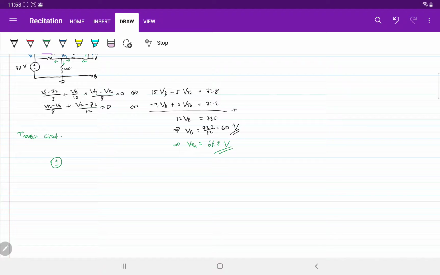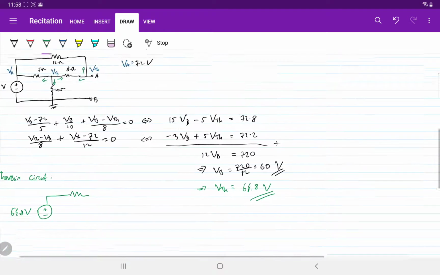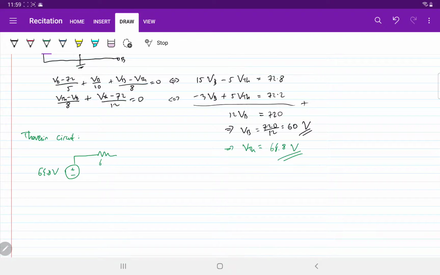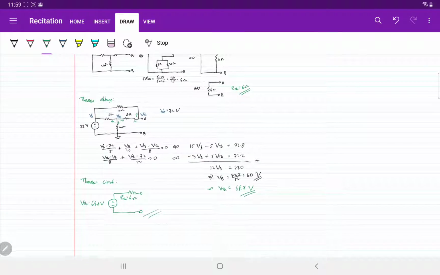You have a voltage source of 64.8 volts in series with 6 ohms. So Thevenin voltage, Thevenin resistance. This is the equivalent circuit for this problem.